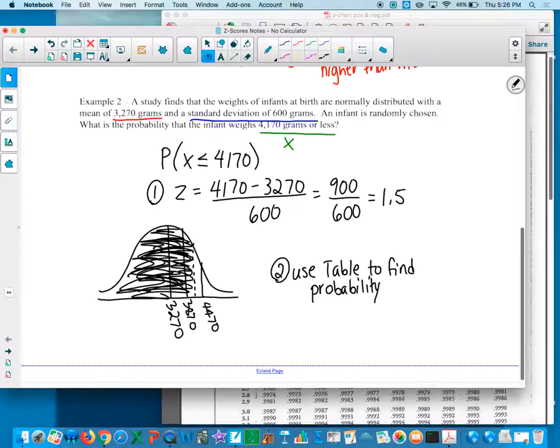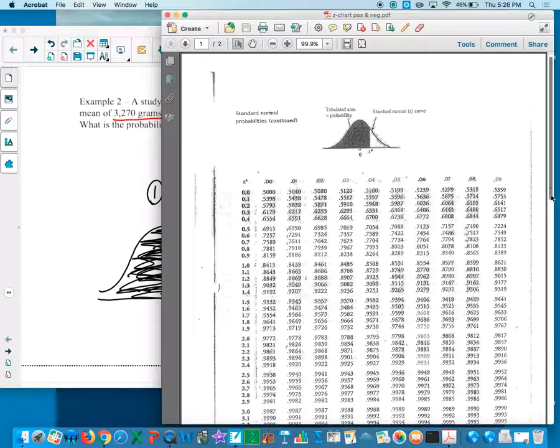Right, and the way that the table works, if you notice the shading on that top part of the table on the front page that you have is to the left. So we're always looking at area to the left. If we don't have that, we need to calculate that correct area. So we're going to look for 1.5. You'll notice we have the 2 decimal places up top and then the 1 decimal place going down the side. So you're going to locate 1.5.